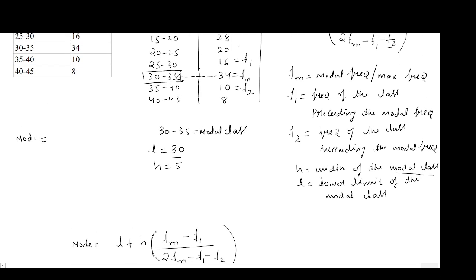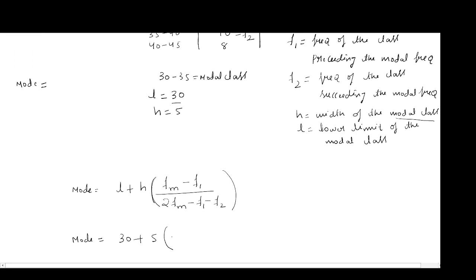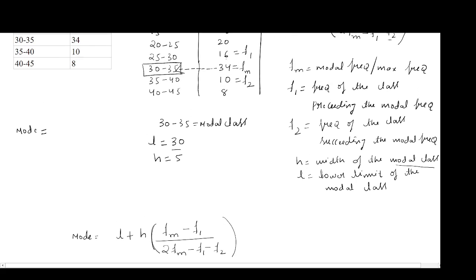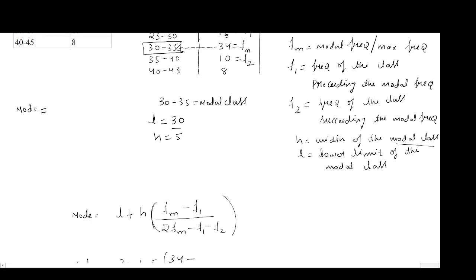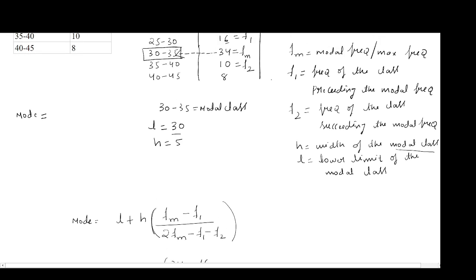So Fm value I've got 34. Fm is 34 minus F1 value is 16, divided by 2 times again Fm, Fm is 34 minus F1 is 16 minus F2. So F2 value is 10.